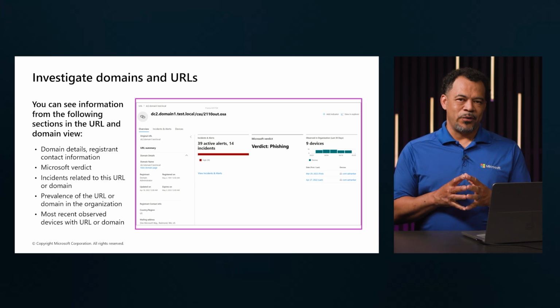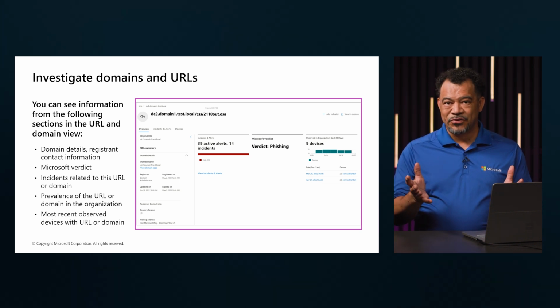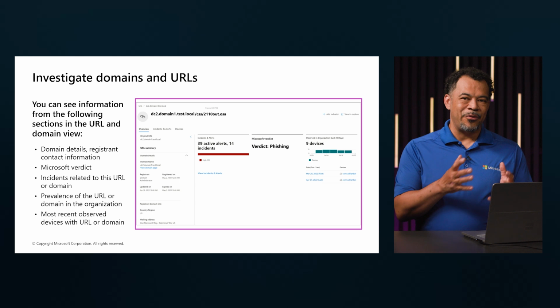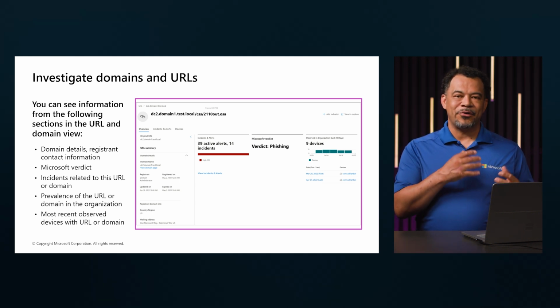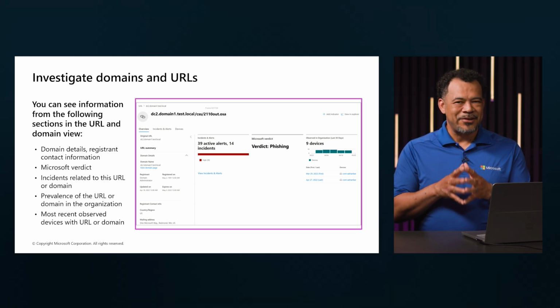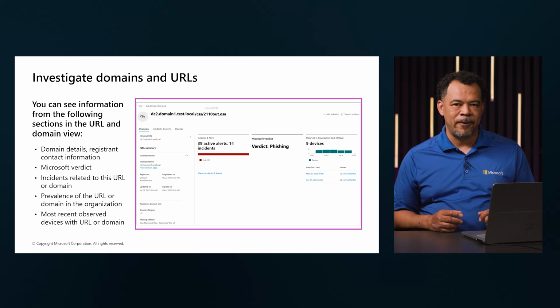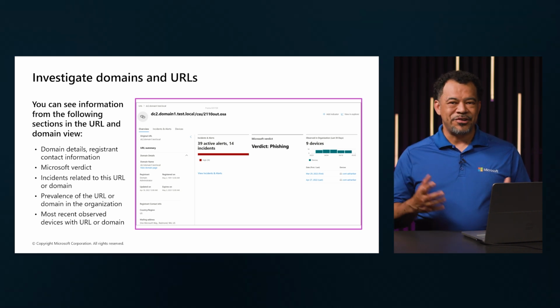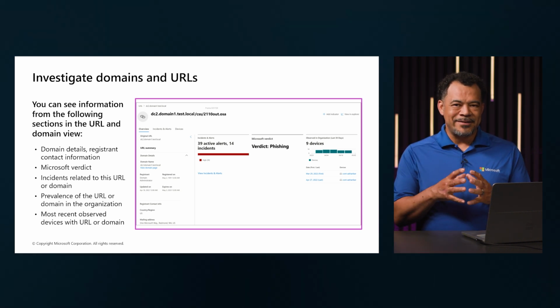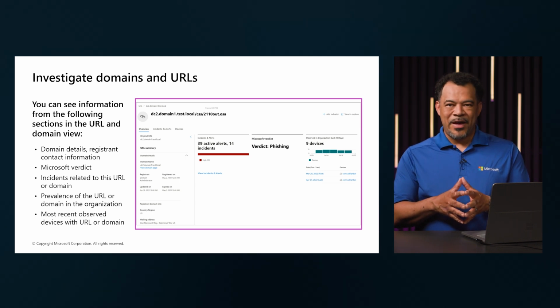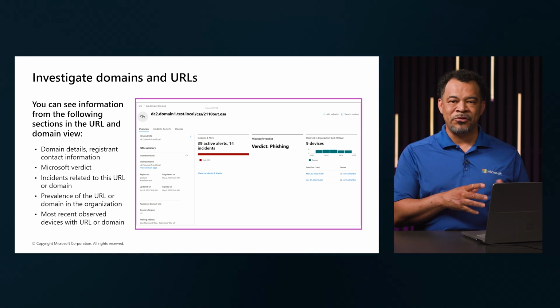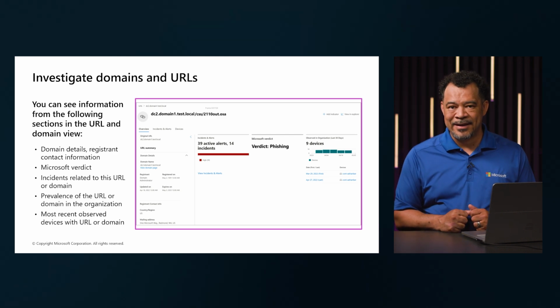We can also use related alerts, reputation scores, and even pivot to other entities like files or IP addresses that are connected to that domain. This kind of investigation helps quickly determine if a domain is part of a targeted attack or just a false positive, so we can take the right action, whether that's blocking it, alerting users, or in some cases, maybe digging deeper.